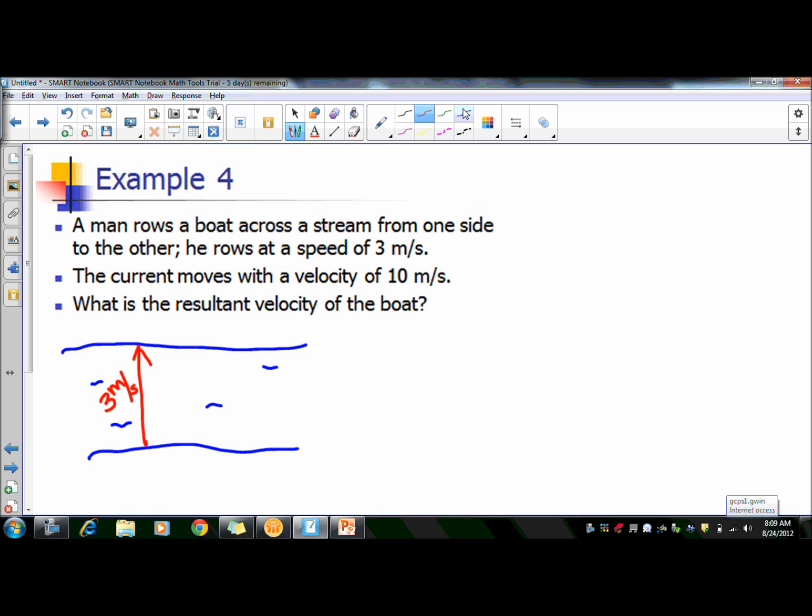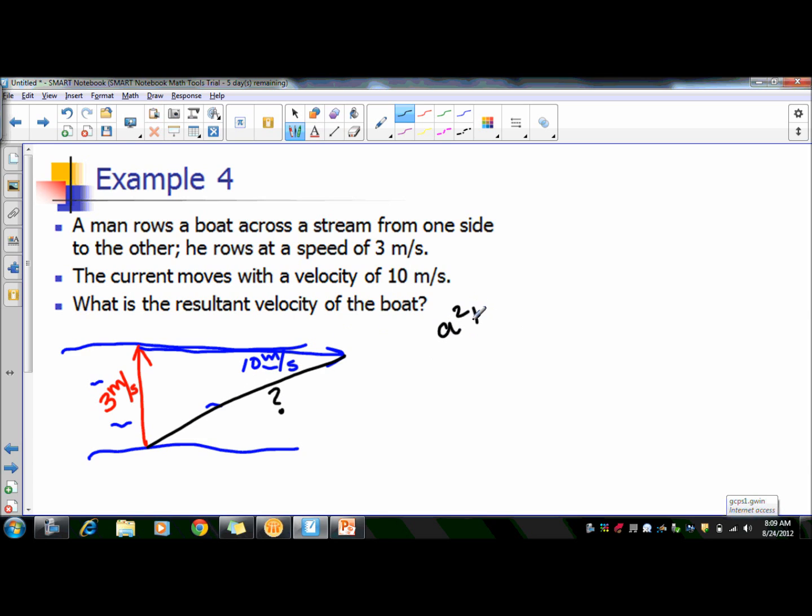The stream is moving at 10 meters per second. So the water is going this way at 10 meters per second. And so the boat, if he is rowing straight across, the boat is going to go slightly downstream as he's rowing. You see your little boat just moving across.